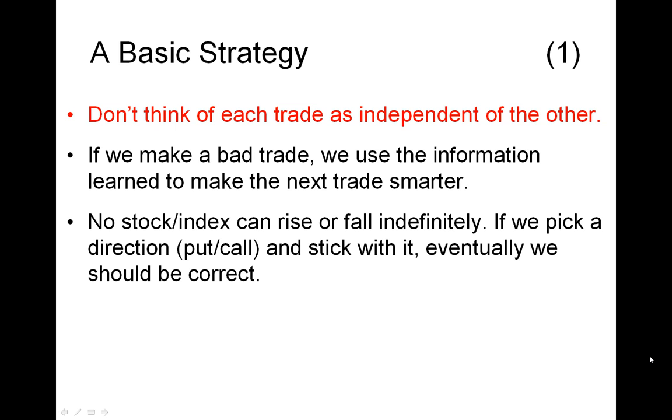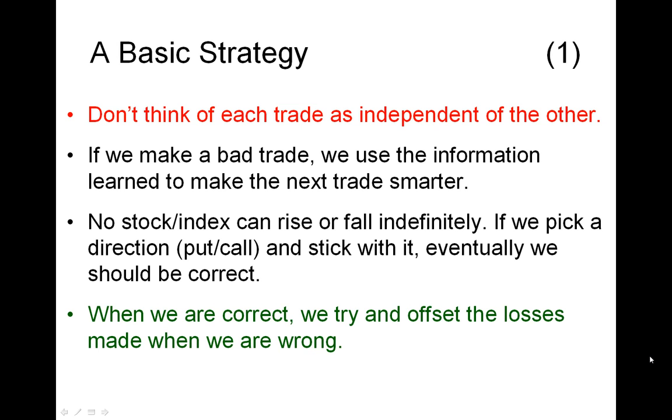So whichever direction we pick, whether we put or whether we call, if we stick with it, eventually we should be correct, because there is a ceiling with respect to how fast or how great an index or stock can grow, and of course there is a limit to how low it can fall, and that limit's actually 0.